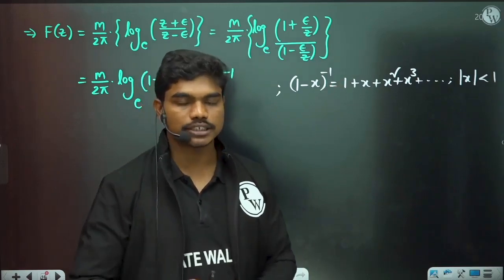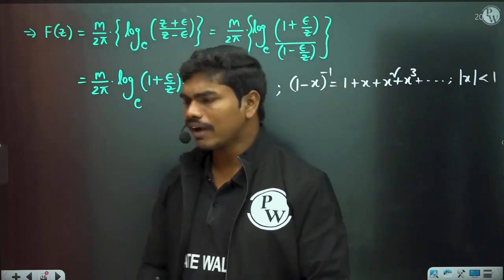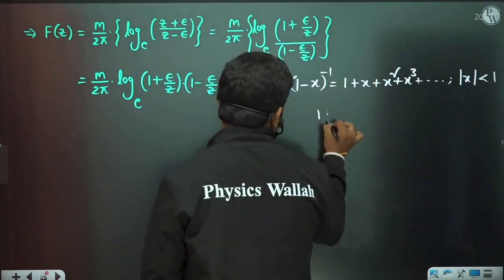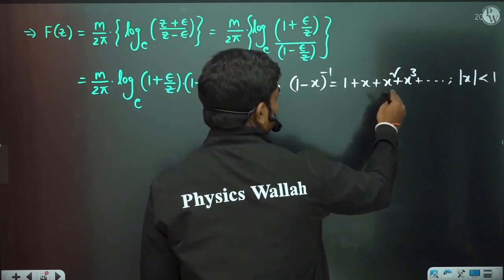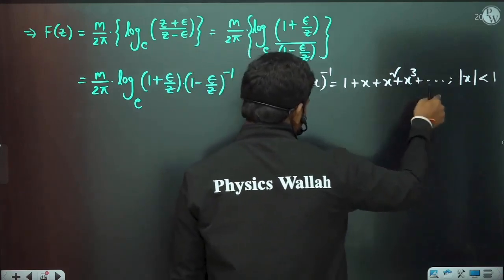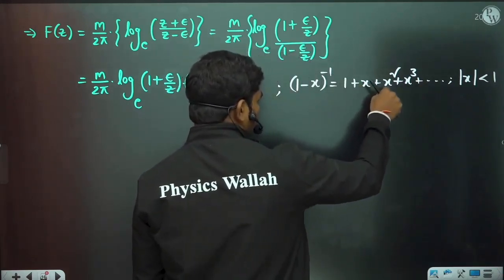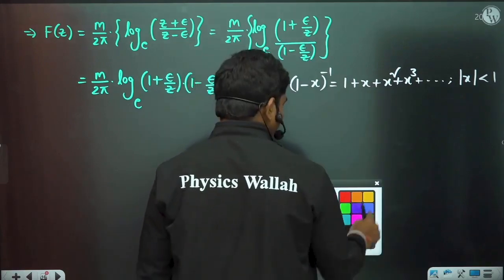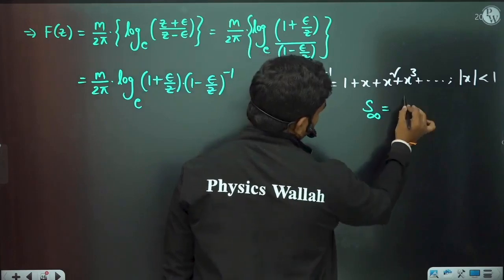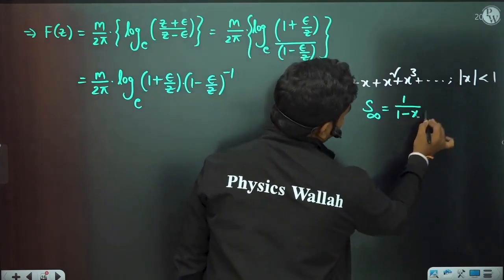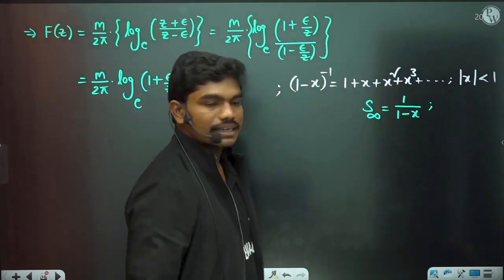Sometimes in a geometric progression, for example 1 plus x plus x square and so on, this is a geometric progression with the first term 1 and the common ratio equal to x. So the sum of infinite terms of this expression is equal to a by 1 minus r, provided the common ratio is less than 1. Correct? Do you know this?